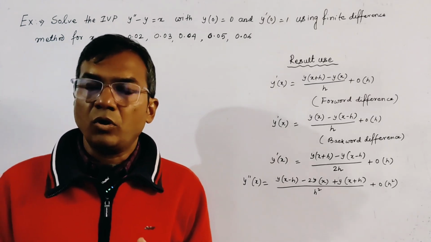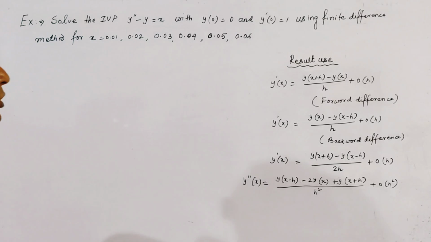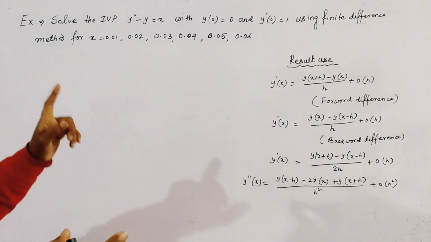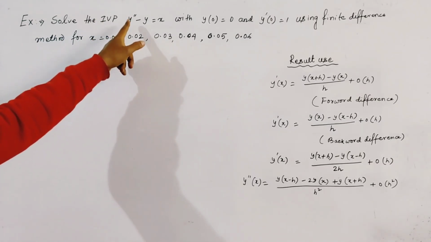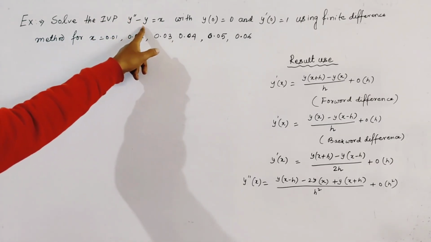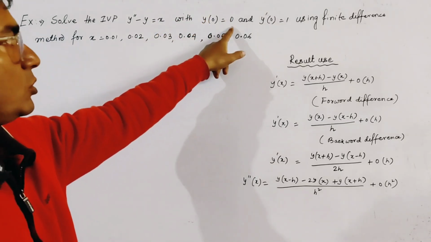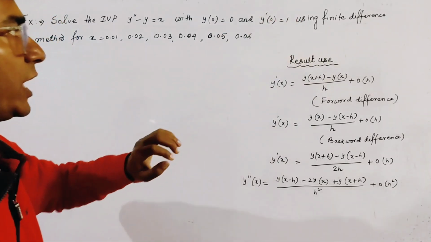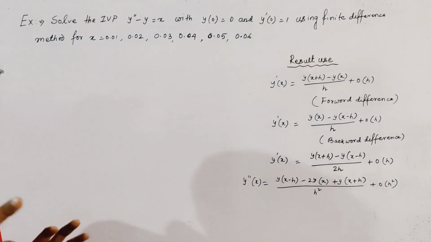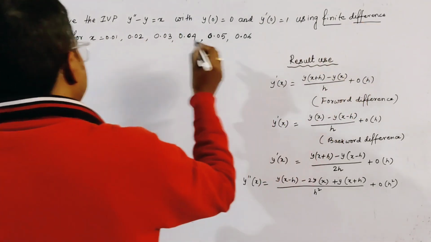Today's lecture on numerical analysis, and here we discuss how to find the solution of the initial value problem given by y double dash minus y equal to x, with the initial conditions y of 0 equal to 0 and y dash 0 equal to 1, using a very important method of numerical analysis, which is the finite difference method.